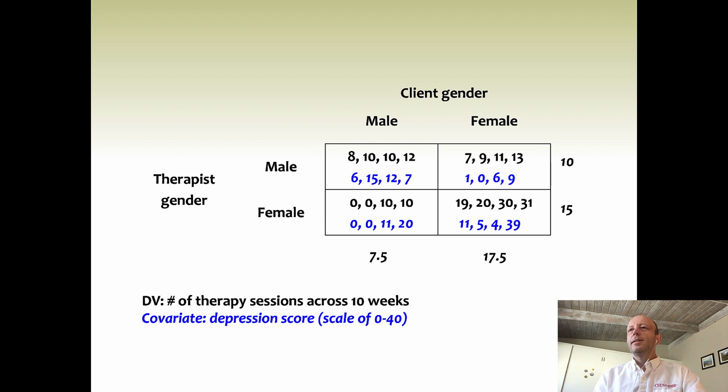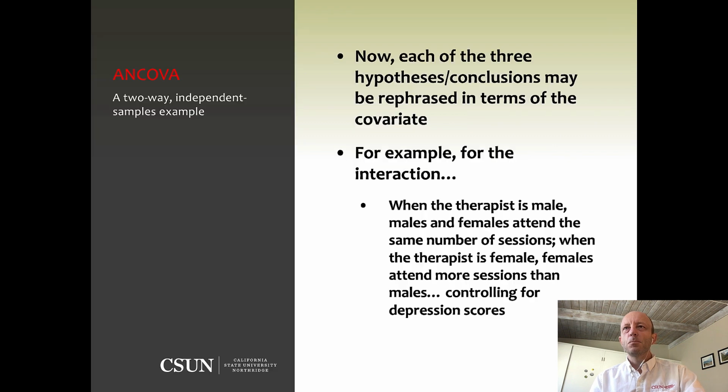So we can stare at this and try to detect patterns before we do the analysis, or we can just do the analysis, and so that's what we'll do in SPSS here in a second. And like I said, you just rephrase each one, and the simplest way I can think of to do this in the two-way ANOVA case or two-way ANCOVA case is to just say "while controlling for the covariate" at the end.